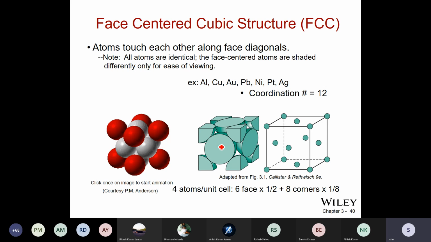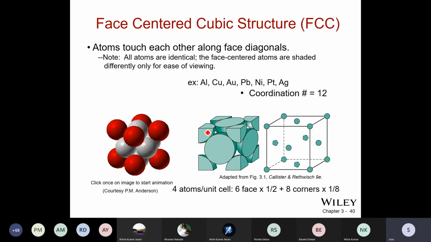Face-centered cubic metals are more ductile than body-centered cubic, simple cubic, hexagonal close-packed, and so on. Its coordination number of nearest neighbor is 12.